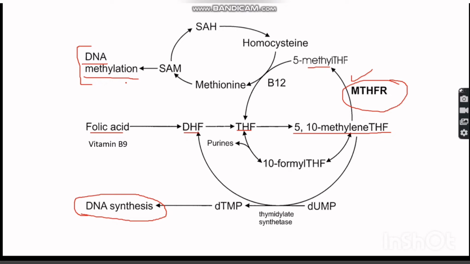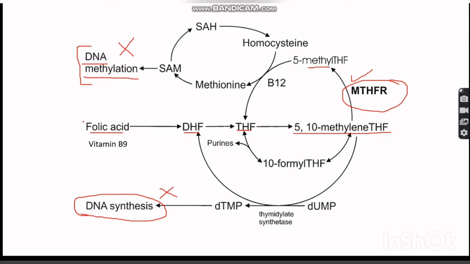It is very important for fetal growth and development during pregnancy. If there is any defect in the methylene tetrahydrofolate reductase or in the folate pathway, then DNA synthesis will be impaired or defective, or DNA methylation will be defective, which will ultimately lead to neural tube defects, miscarriages, and pregnancy problems.